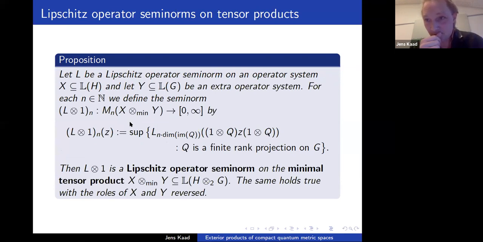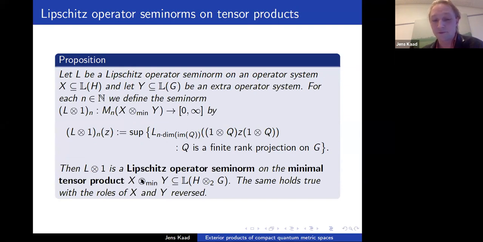What is the upshot of looking at Lipschitz operator seminorms? If you remember, I'm interested in minimal tensor products of operator systems, or in particular, unital C-star algebras. So if in general I have two concrete operator systems here, X and Y, I can form their minimal tensor product. How do I do it?